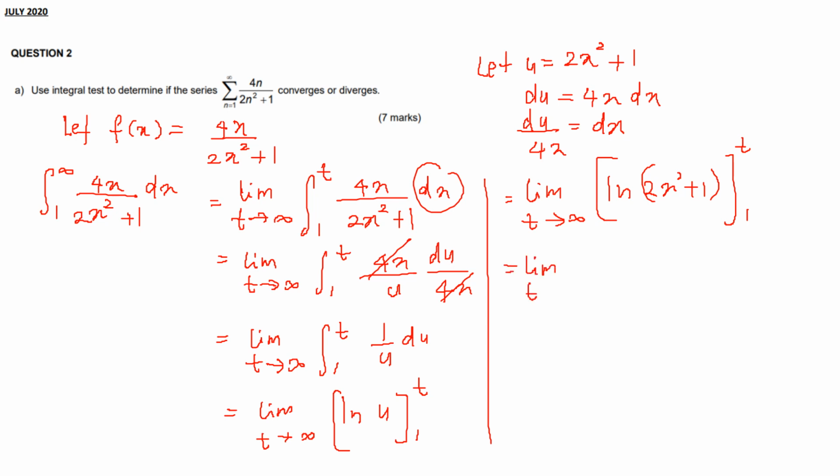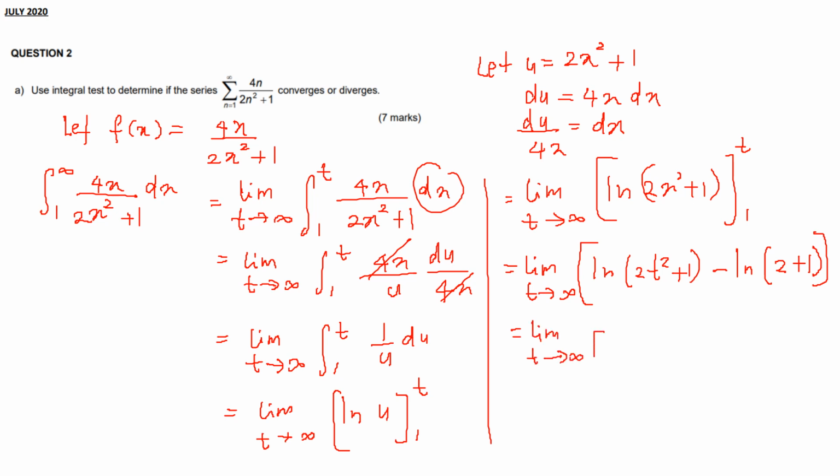So limit t approaching infinity of ln of 2t squared plus 1 minus ln 2 plus 1, which is ln 3.